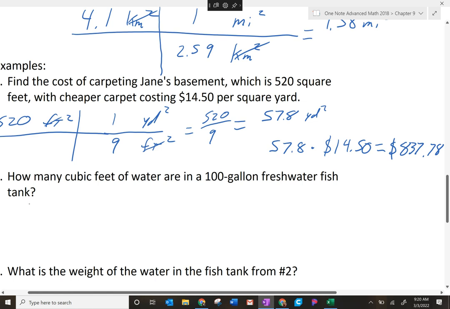So exact same way that we set it up. I've got that 100 gallons. I want to change it into cubic feet of water. I can do that in one step.